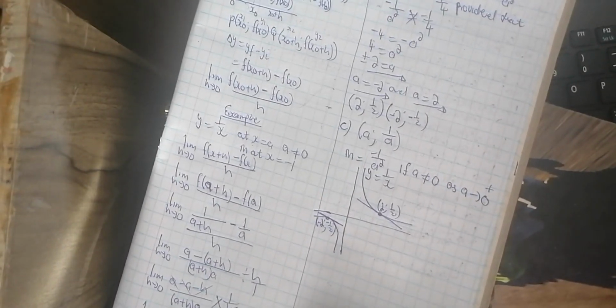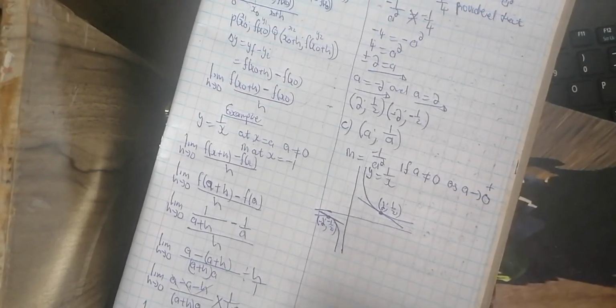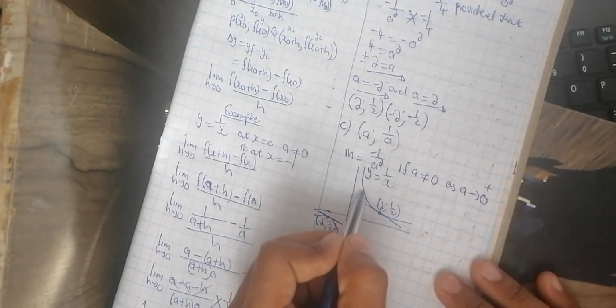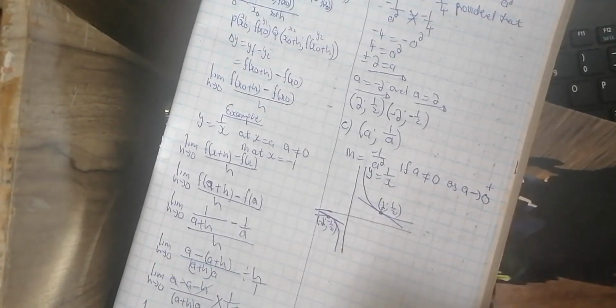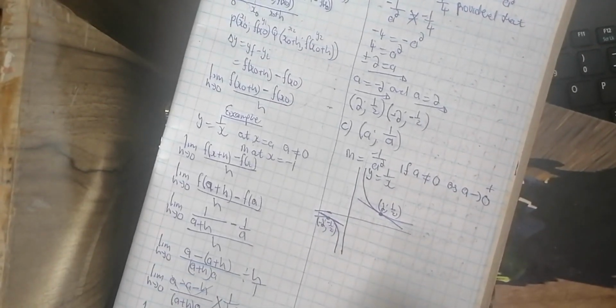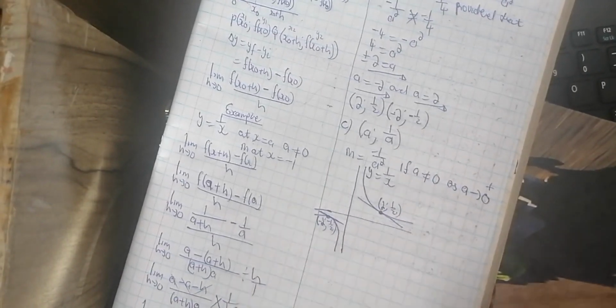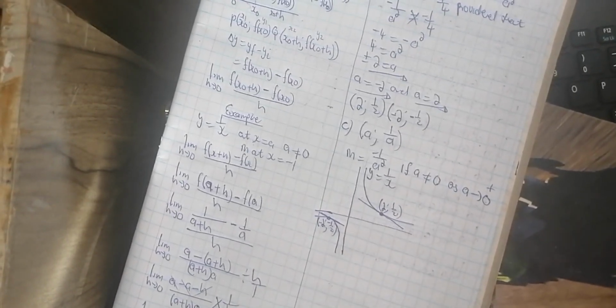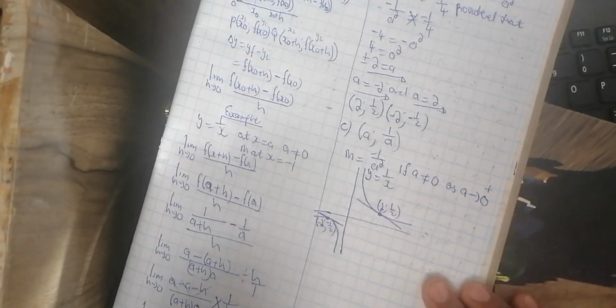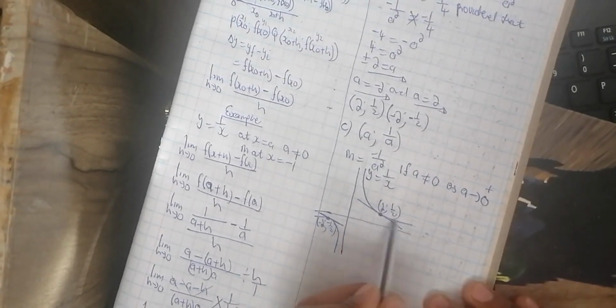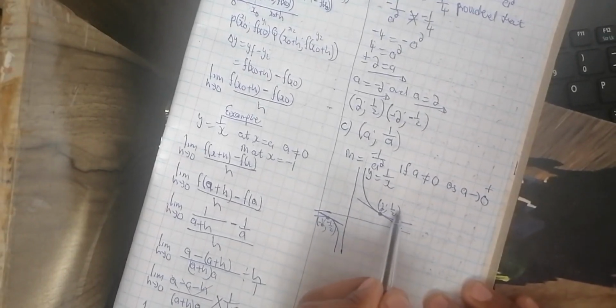Okay? And it becomes more and more horizontal. We can see that it becomes more and more horizontal. This is the horizontal line. Okay, so that would be my answer. What happens to the tangent line to the curve at point (a, 1/a) as a changes? So I have a and 1 over a.